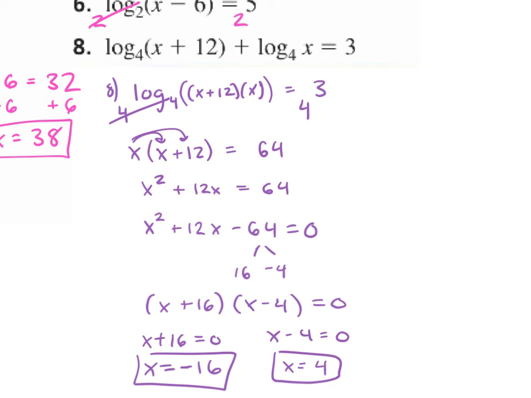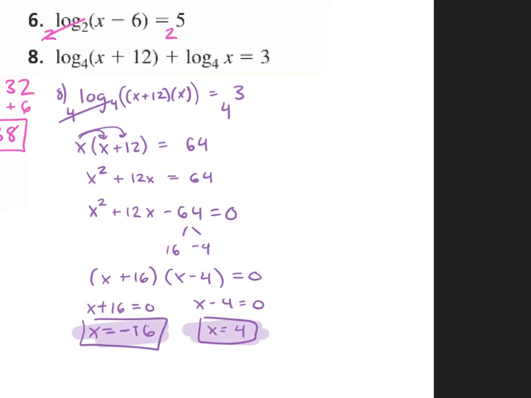So we always have to take whatever answer we get and plug it back into our equation and see if we're taking the log of a negative. So here we would have log of negative 16 plus 12 plus log base 4 of negative 16 is equal to 3.